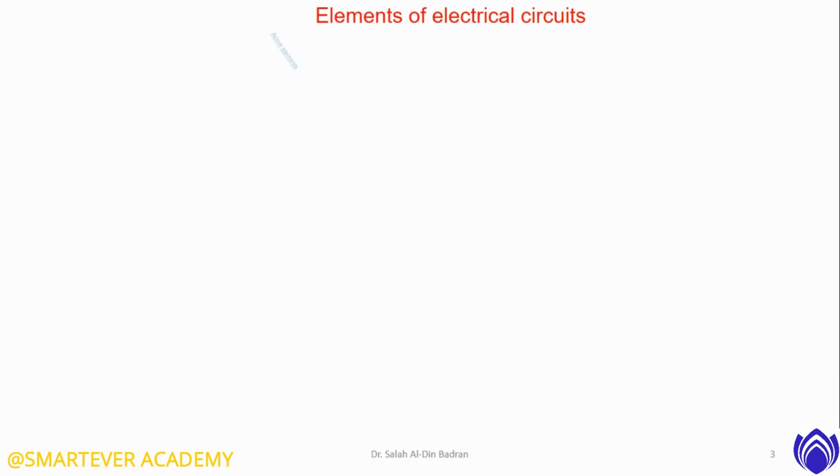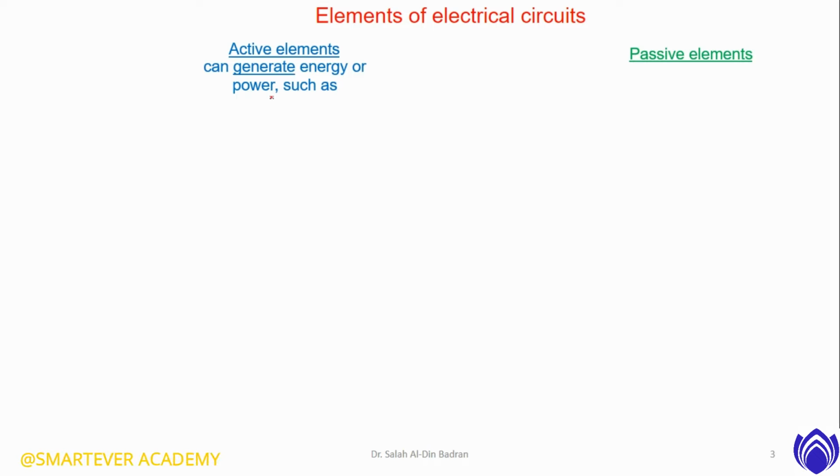Elements in electrical circuits: we have in general two types of elements in any electric circuit, active elements and passive elements. Active elements can generate energy or power, such as voltage sources.